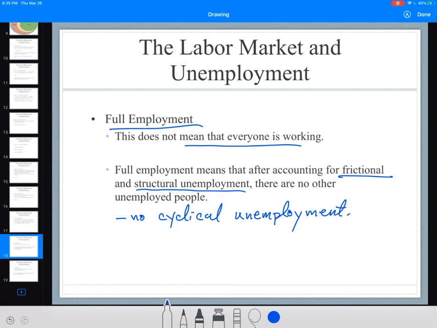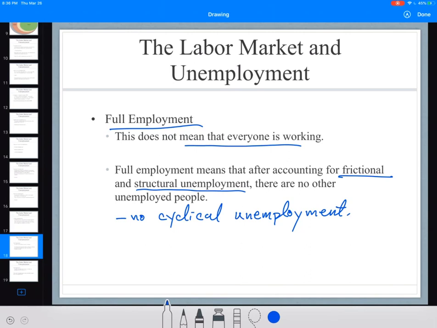So in the United States, as of a couple weeks ago, before coronavirus came and caused mayhem, we were at full employment. There was no cyclical unemployment. There were, for the most part, no people unemployed due to tough economic times. So full employment means you still have frictional unemployment, you still have structural unemployment, but no cyclical unemployment.